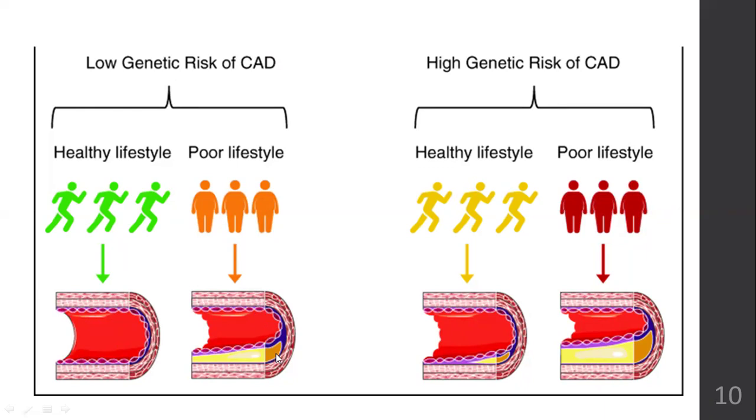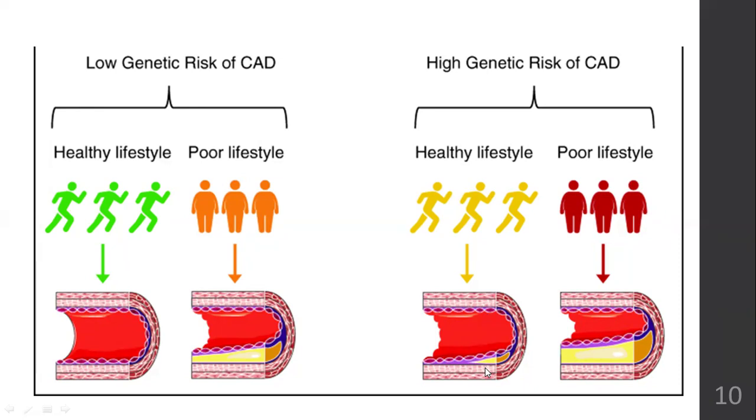Now coming to the high genetic risk of cardiovascular diseases from both sides of the family, maternal and paternal. From both sides of the family, cardiovascular diseases are present. Even in this generation, even if they follow a healthy lifestyle, to a certain extent they will always have the risk of developing cardiovascular diseases.